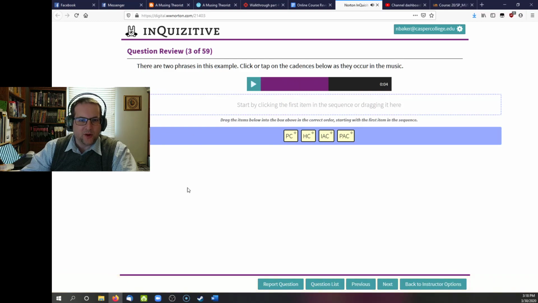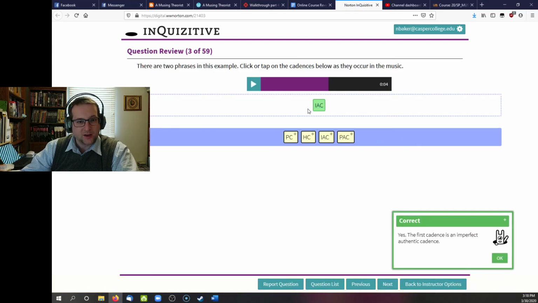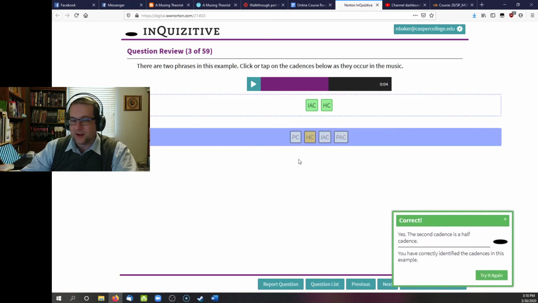The melody was moving all sorts of places. But the fact that I had that ti-do means I already know that I had some type of a comma situation going on, which is a type of imperfect authentic cadence. If I'd had sol-do, then I would listen to that melody and see if it had a re-do or ti-do to give me a perfect authentic. So I think we have imperfect authentic cadence, correct, followed by our half cadence at the end.